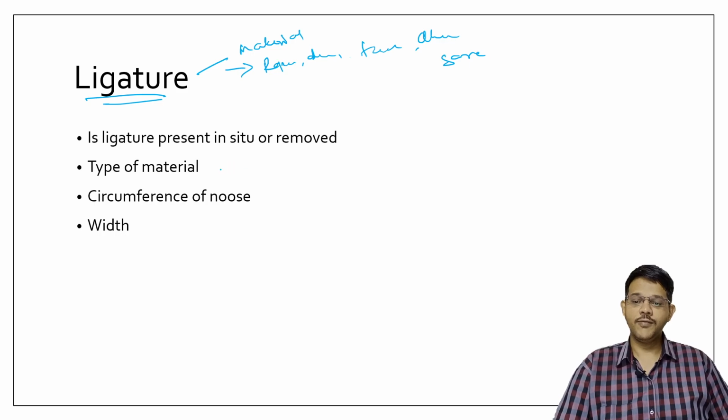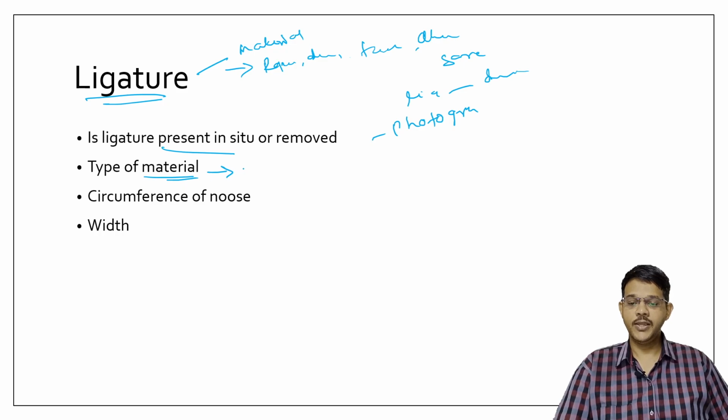First and foremost, you have to note down whether the ligature is present in situ or removed. If it is in situ, we should usually take a photograph of the ligature in situ to note down the position of the ligature in reference to the ligature mark. Then you have to note down the type of material, as I mentioned, it may be rope, dupatta, sari, anything.